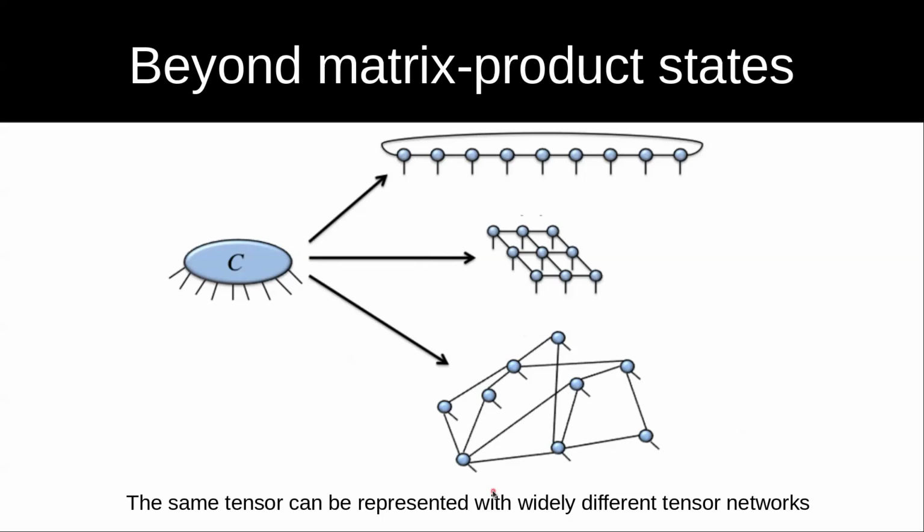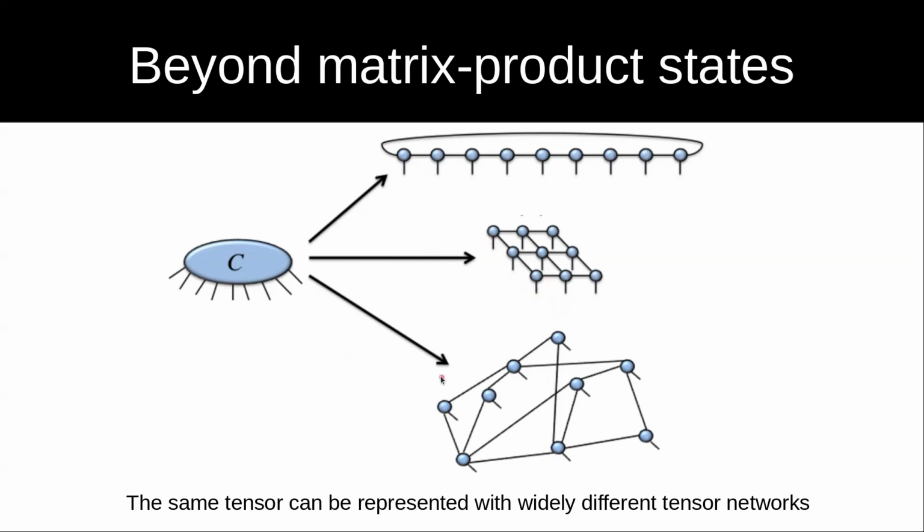From the point of view of the entanglement properties, each different architecture has completely different entanglement properties. And actually, projected entangled pair states allow you to parameterize a set of wave functions that has more entanglement than matrix product states. It has the disadvantage that they are also harder to optimize.